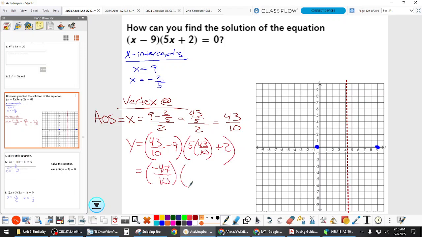And then over here, the 5 and the 10 can simplify to 2. So this is really 43 halves. Yeah. Okay, how many halves is this? 4. Okay, so 43 plus 4 is 47 halves.